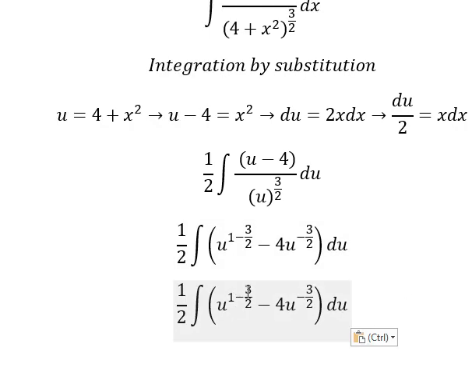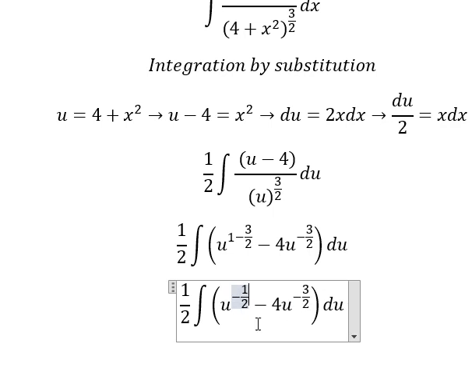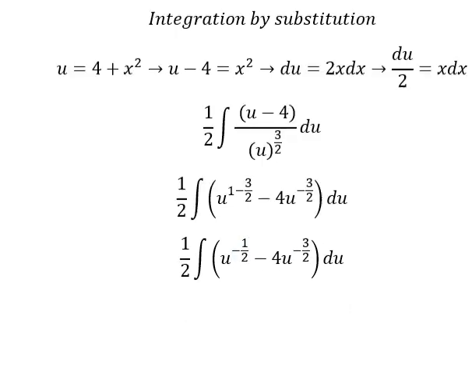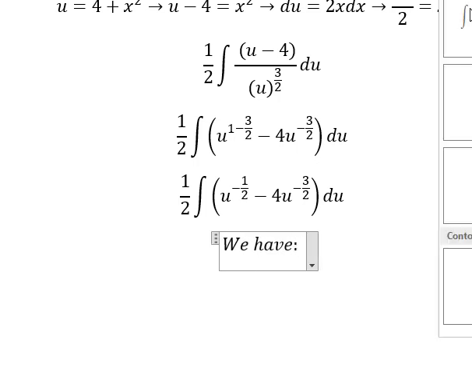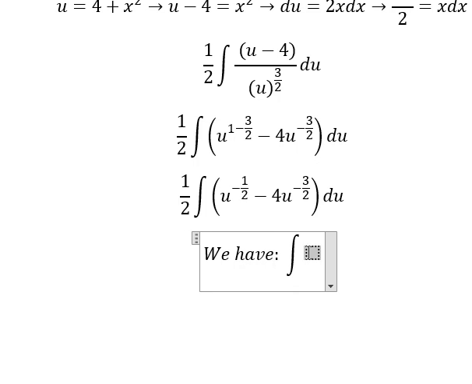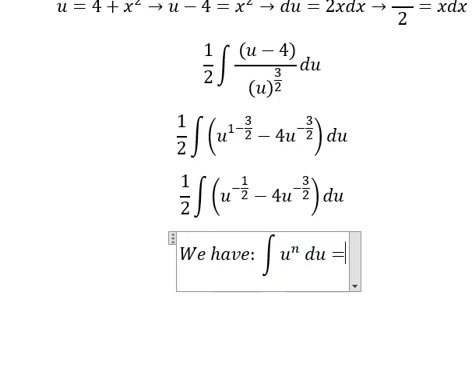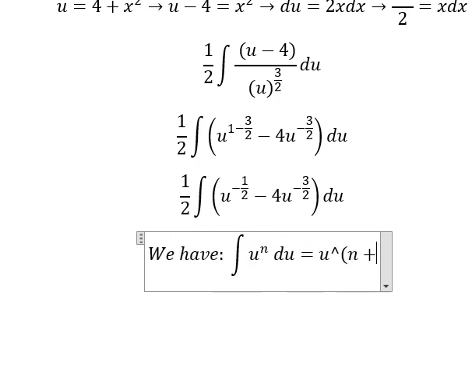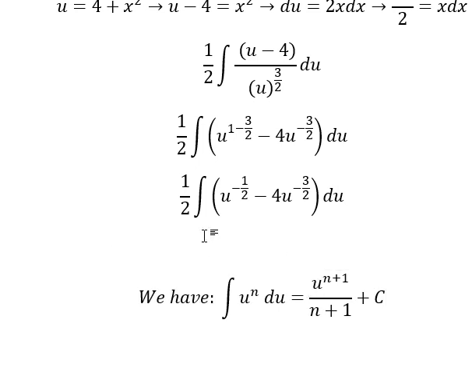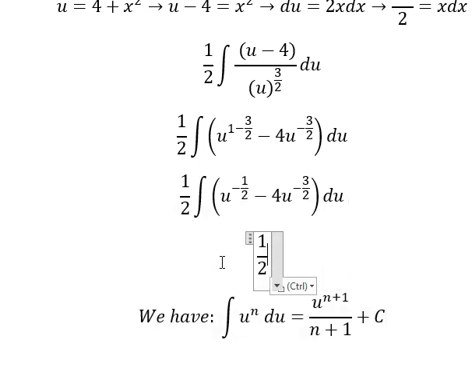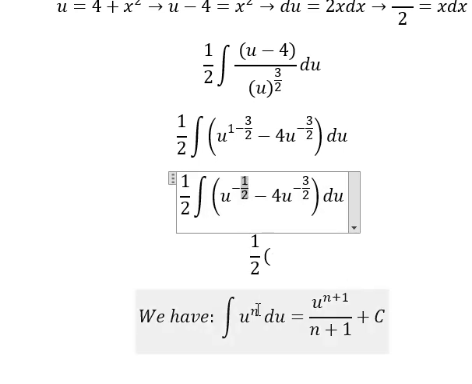So 1 minus 3 over 2, that is about negative 1 over 2. And now we have the formula in here. So we put negative 1 over 2 here.